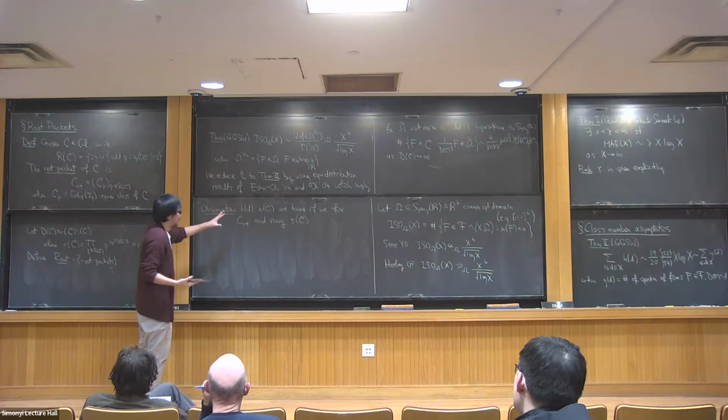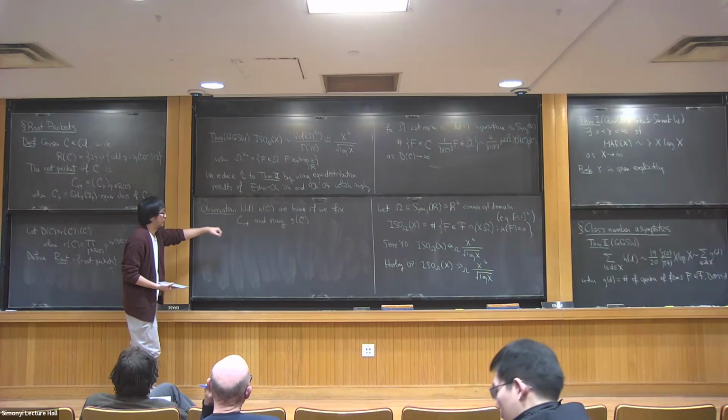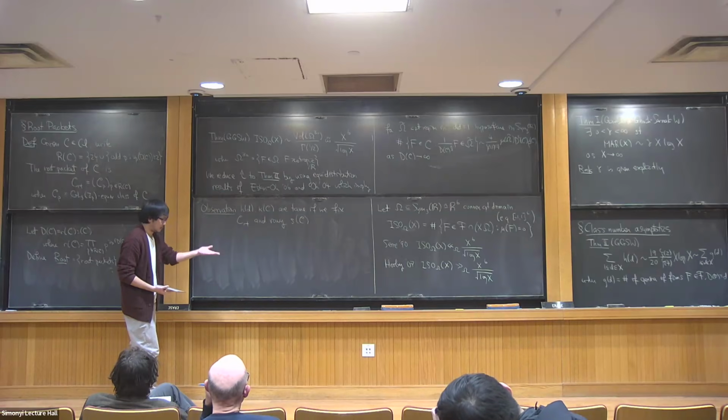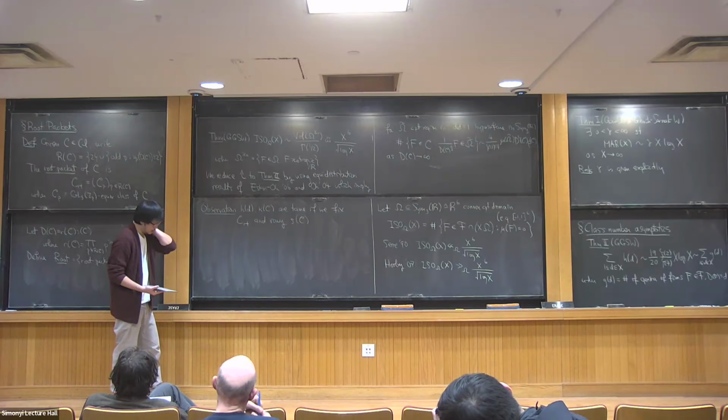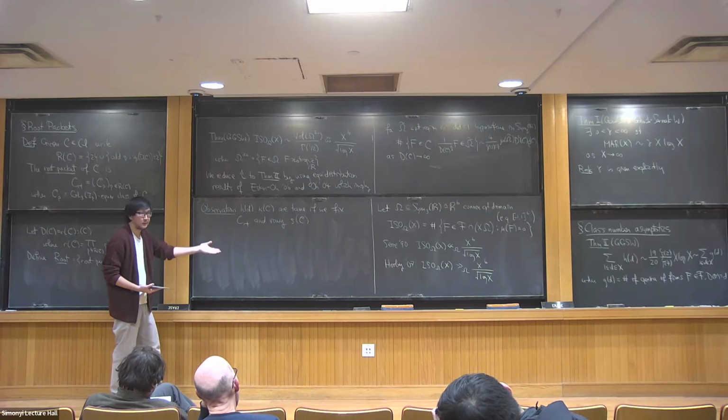And there are some subtle hints towards this, where, for example, if you only consider the classification of, let's say, indefinite integral quadratic forms of square free determinant, then the genus theory almost determines everything.